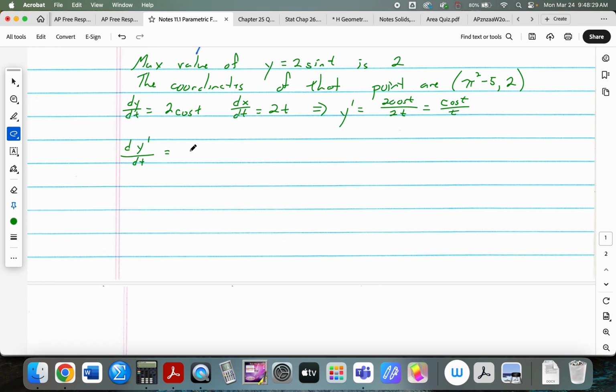So that'll be t times the derivative of cosine, which is negative sine of t, minus cosine of t times the derivative of t, which is 1, all over t squared, which would simplify to negative t sine t minus cosine t over t squared.